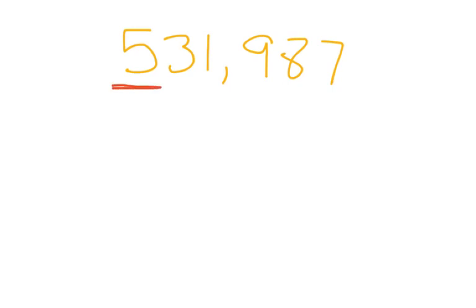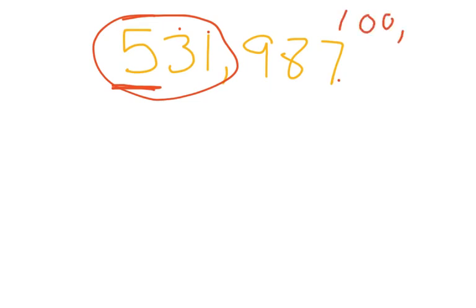I would underline the 5 because we got it. This is our 100,000s place value column. Here's our ones group. Here's our thousands group. And within the thousands group, we have our ones, tens, and 100,000. So since we are rounding to the nearest 100,000, guys, that's a big number. Our answer should have 5 zeros in it, right?